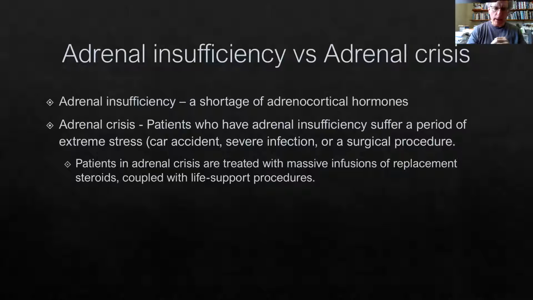An adrenal crisis refers to someone with an adrenal insufficiency who suffers from a period of extreme stress, severe infection, massive trauma, car accident, surgical procedure, and so forth. These people are treated with very large infusions of replacement steroid hormones or steroid hormone analogs coupled with life support procedures.